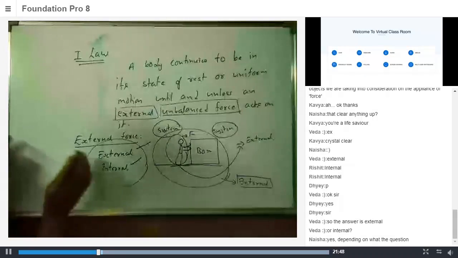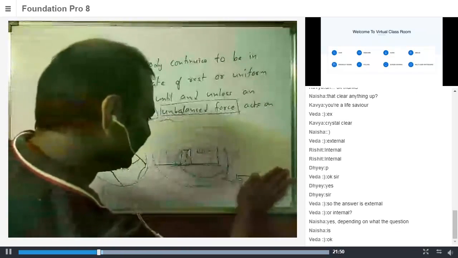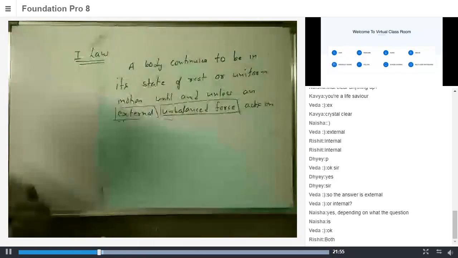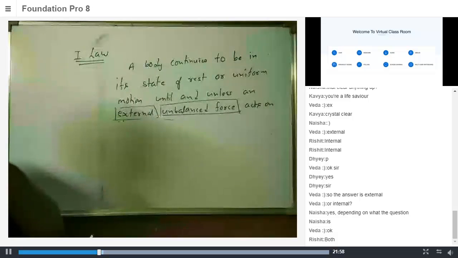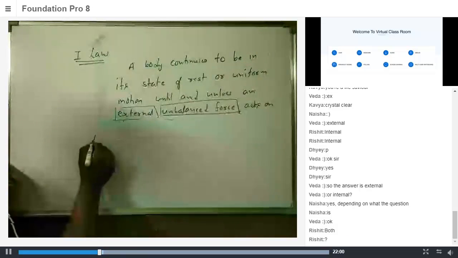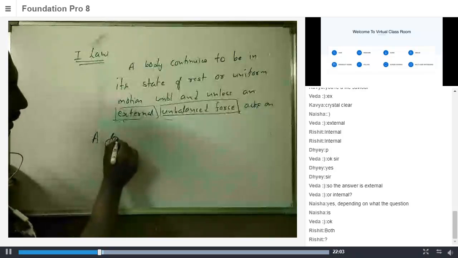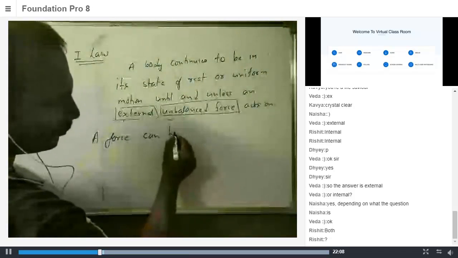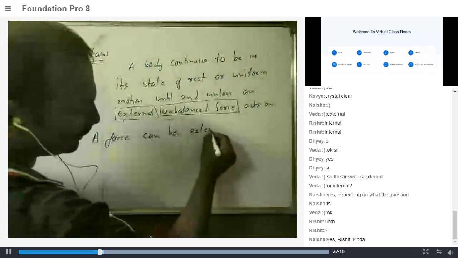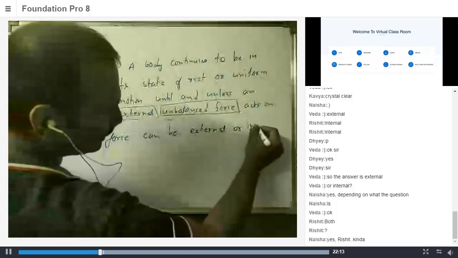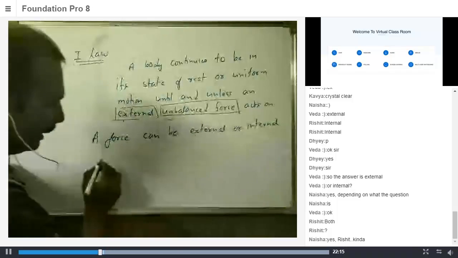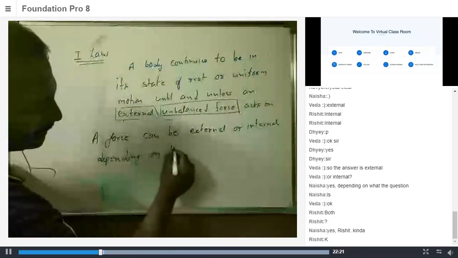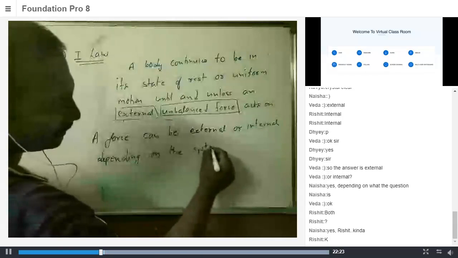So now let's try to summarize whatever we have discussed about internal or external force. What decides whether a force is external or internal? A force can be external or internal depending on the system considered.